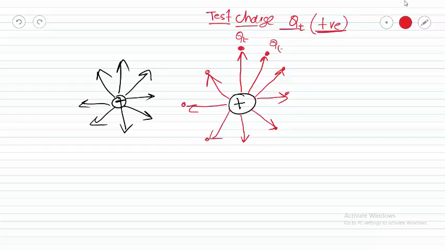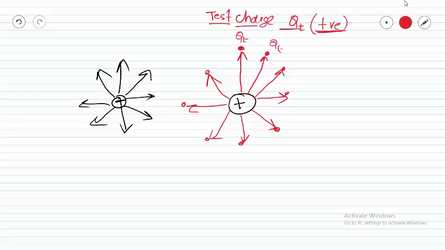So what does this indicate? These imaginary lines show in which direction a test charge will experience the field due to the charge already existing at this point.